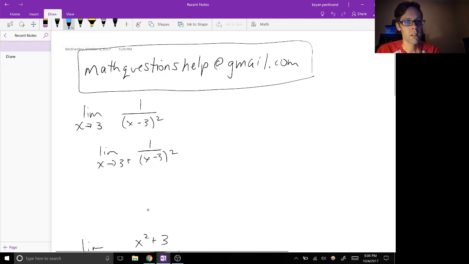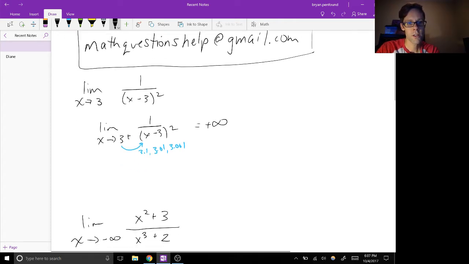I'm trying values like 3.1, 3.01, 3.001, and I'm trying to see if there's a pattern in the output values. It looks like they're getting bigger and bigger, so I can comfortably say that this one's tending towards positive infinity.